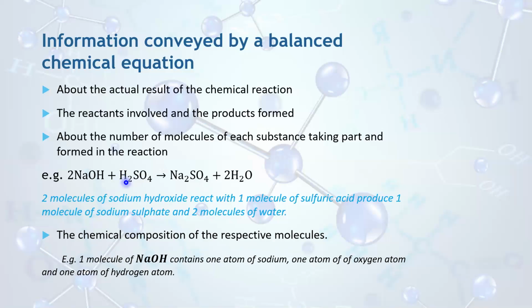Two atoms of hydrogen, one atom of sulfur, and four atoms of oxygen. Likewise, we can understand the chemical composition of the respective molecules. Also, we can understand the molecular mass. As we are using the formula of the substances in the chemical equation, we can calculate the molecular mass of the compounds.